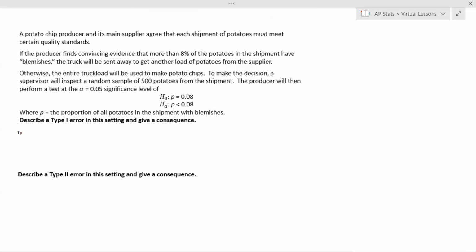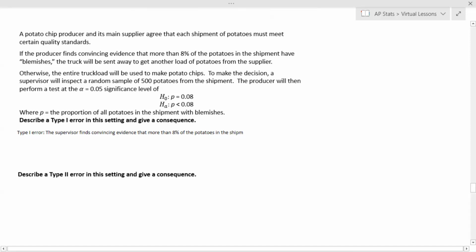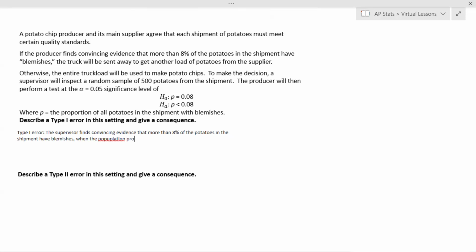So a type 1 error would be the supervisor finds convincing evidence that more than 8% of the potatoes in the shipment have blemishes when the population proportion is really 0.08.